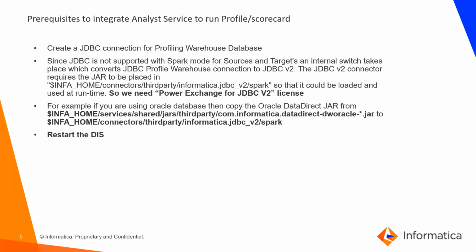For example, if you are using an Oracle database, then you need to copy the Oracle JDBC jar from INFA_HOME/services/shared/jars/thirdparty/com.informatica.datadirect Oracle jar to INFA_HOME/connectors/thirdparty/informatica.jdbc_v2/spark. After that, you need to restart the DIS.